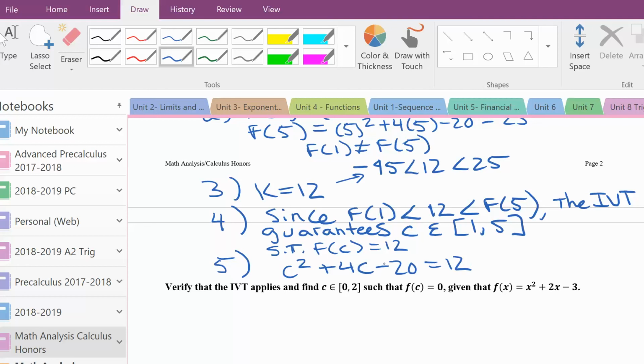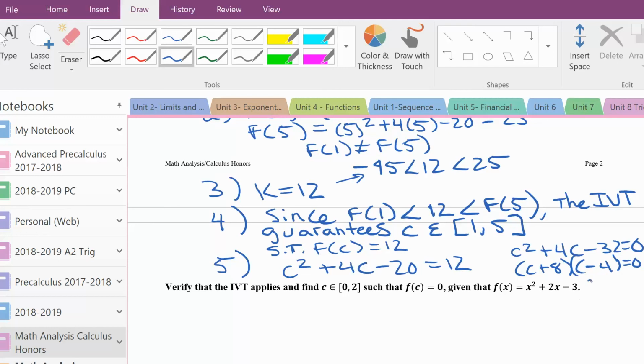So you got to solve this. So you subtract 12, so you get C squared plus 4C minus 32 equals 0. You factor C plus 8, C minus 4 equals 0.